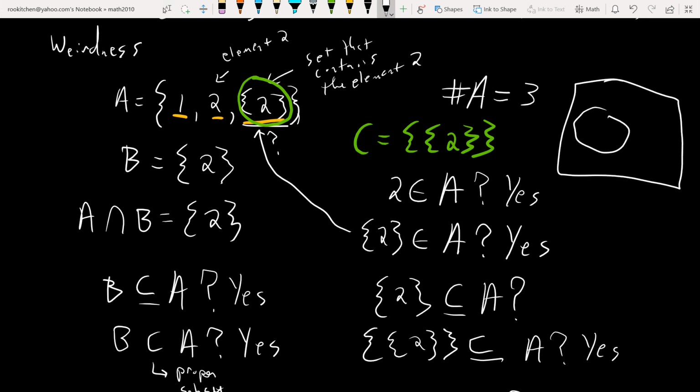So you have A, maybe this is B, and A has the elements 1, 2, and the set containing 2, and then B has, let's not put the 2 out of the circle here. So B has the element 2, right? So A and B. A intersect B is this region where they overlap. In particular, the number 2 is in A intersect B.